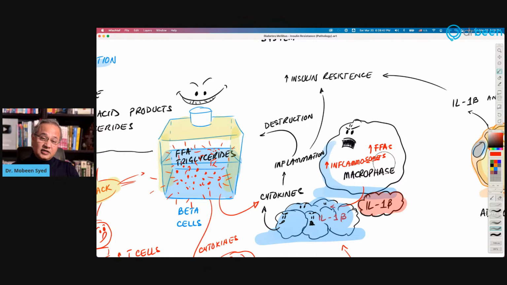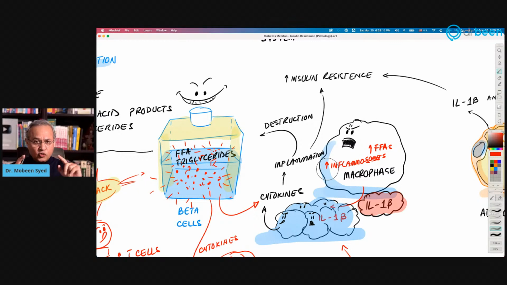Those free fatty acids are also going to go to macrophages. And when macrophages get lots of free fatty acids, they start producing a lot of inflammatory cytokines. These are inflammasomes. Inflammasomes are small particles in the macrophages that have inflammatory cytokines in them. And macrophages are going to start releasing them when there are too many free fatty acids.